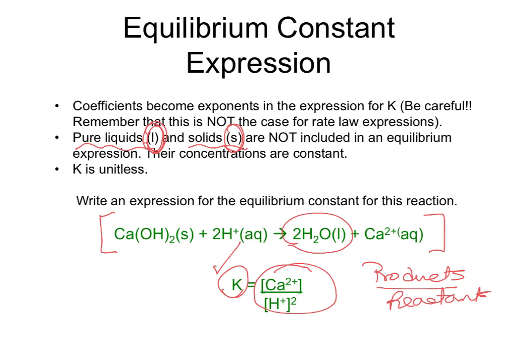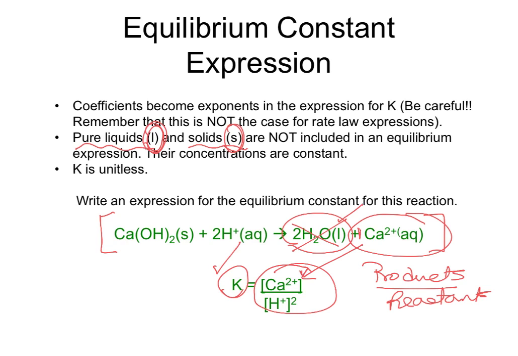Hopefully you remember that water in its liquid form has a constant concentration, so that does not belong in the expression. However, anything that's aqueous can change its concentration, so that does in fact belong in the equilibrium constant expression. There is a coefficient of 1 in front of calcium ion, so the exponent is simply 1.